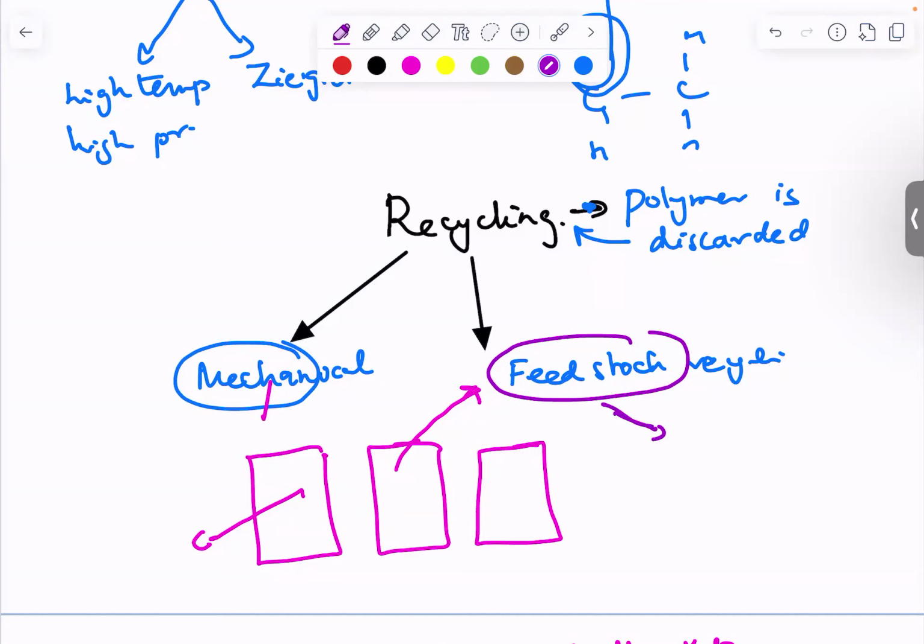So again, heating is used, but in the case of feedstock, heating is used to make monomers from the plastic. And now these monomers can be used to make new polymer.